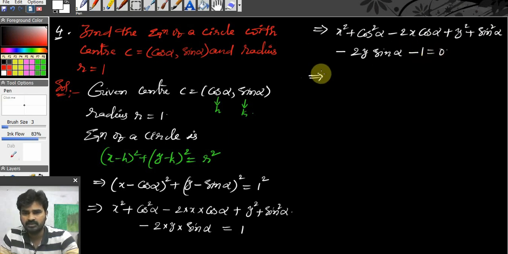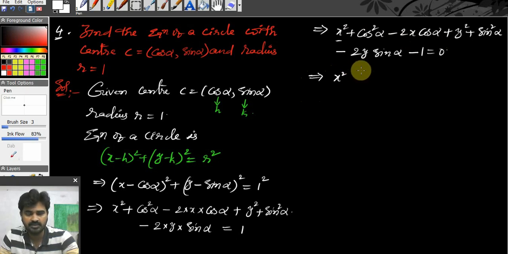So now you can arrange the terms. First the x square term: only one x square is there. Next, x into y: there is no x into y term. Remember that, as we already saw in the previous problem, the equation of a circle will not contain an x into y term.